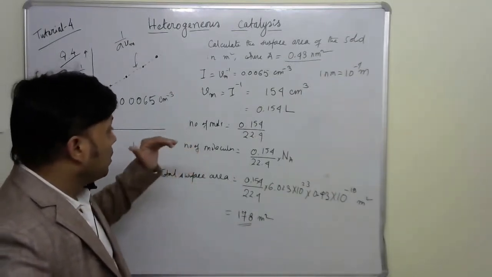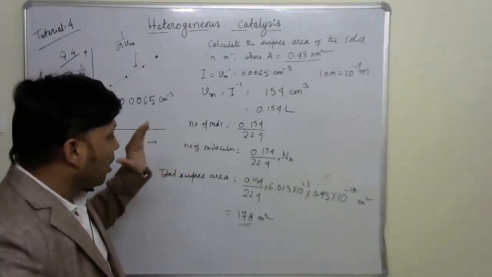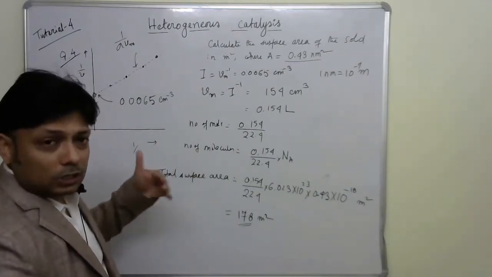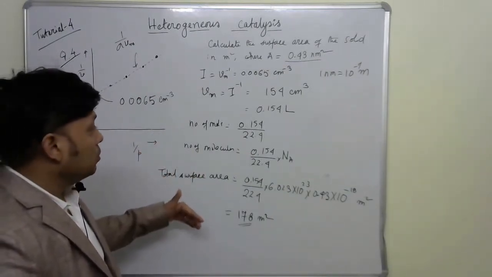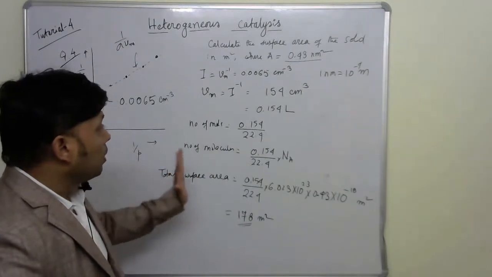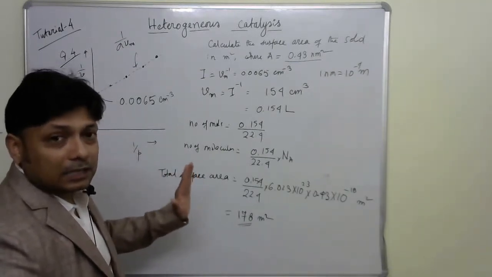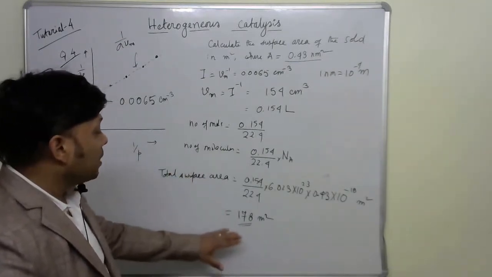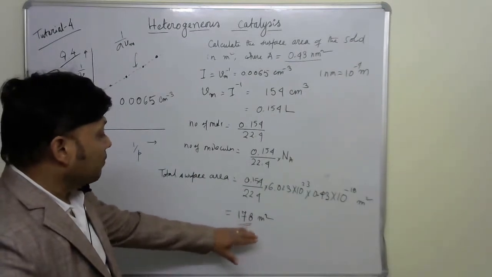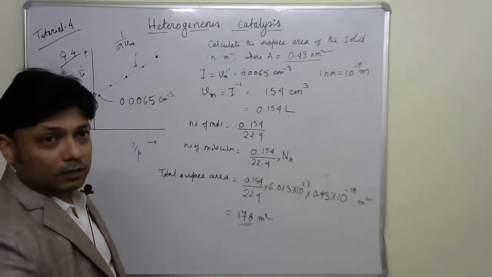And this also explains why this adsorption process is so important to us, because we can not only follow a heterogeneous catalytic mechanism, but at the same time we can get the surface area of a solid.